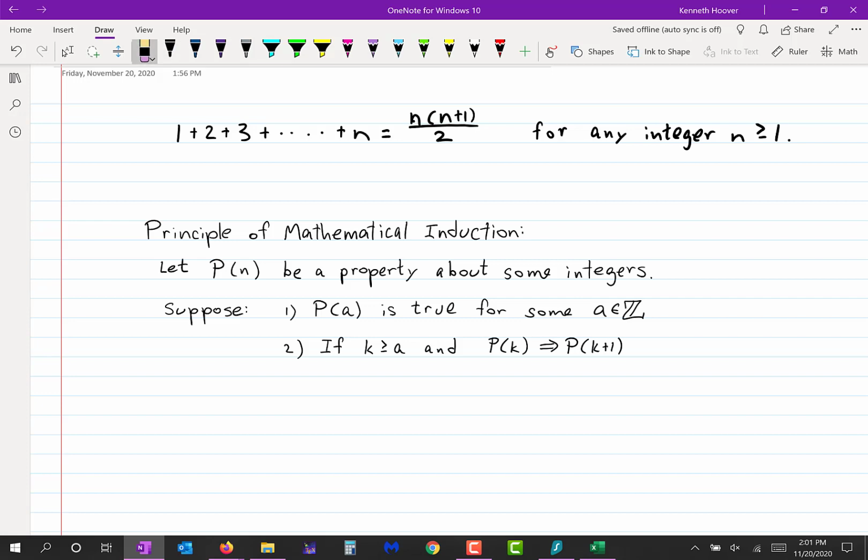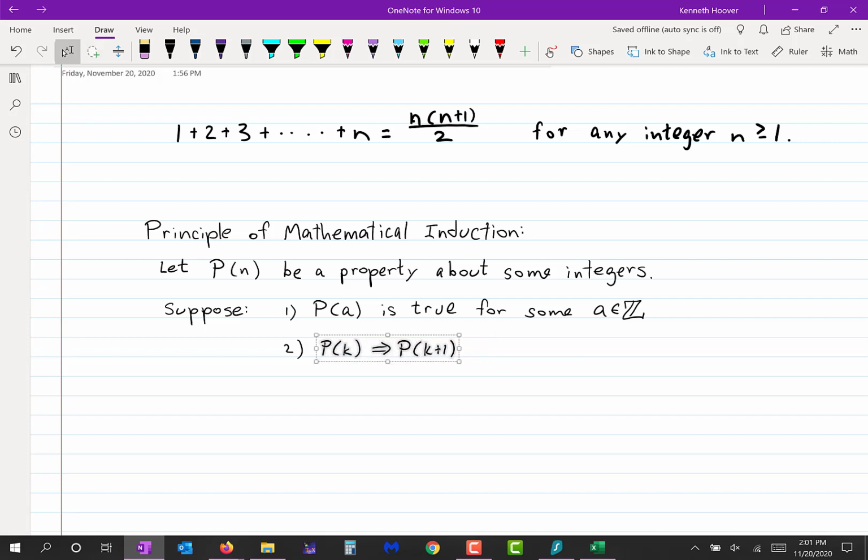I see I should not have put the word if here, because I have the word suppose here. That's my if. So let me erase that. I will actually choose to reword this slightly. Let me take this P of K implies P of K plus 1.